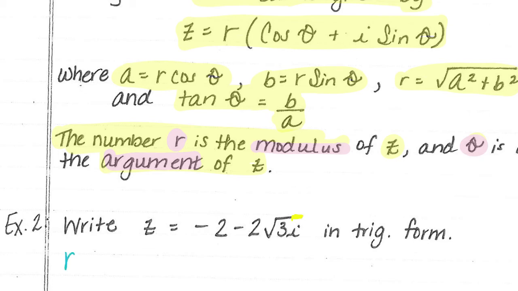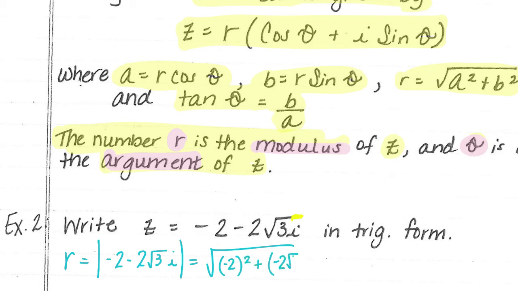So I know that r is equal to the absolute value of negative 2 minus 2 root 3i, and that's going to be negative 2 squared plus negative 2 root 3 squared, which is 4, and 2 squared is 4, times 3 is 12, so that is the square root of 16, which is 4. So that is the r, the modulus.